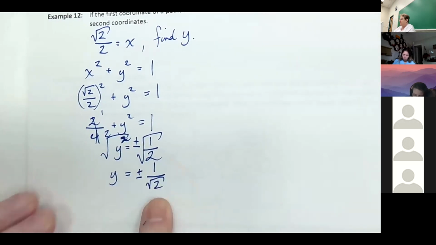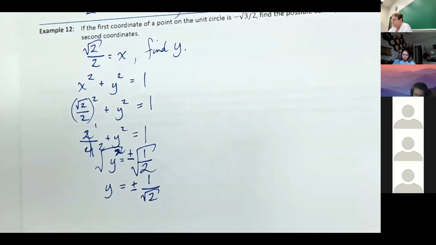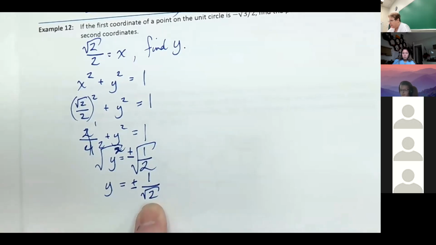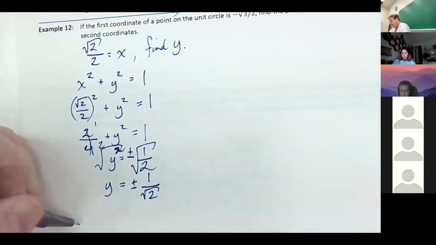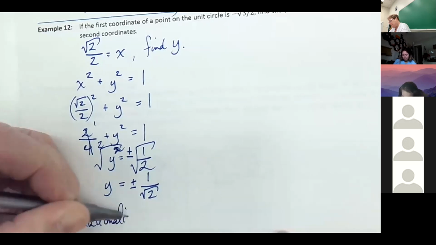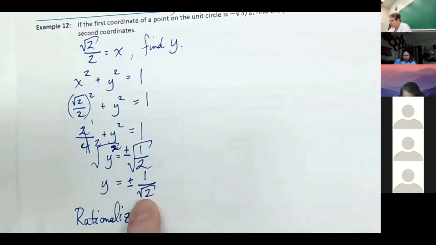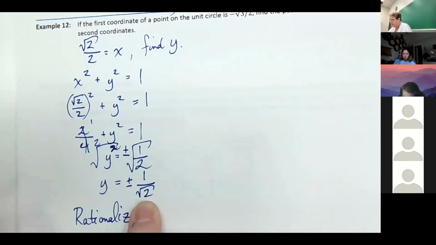This answer is perfectly beautiful to me, but Connect Math doesn't like it because there's a square root in the denominator. So we have to rationalize this fraction, which means we want to multiply the denominator by something to make it a whole number rather than a square root.